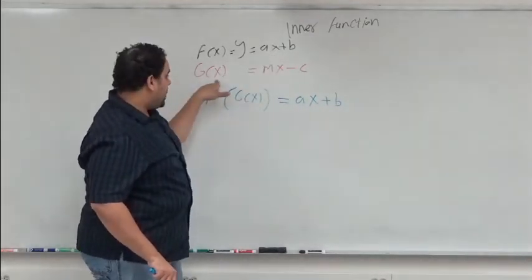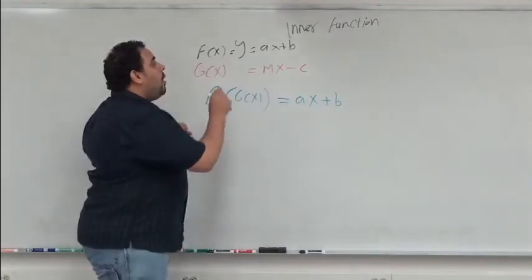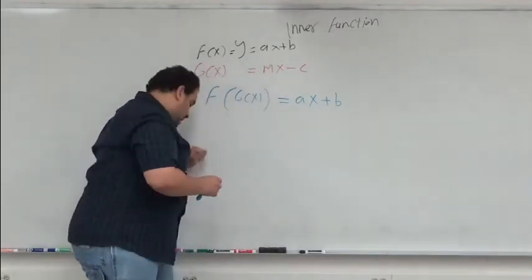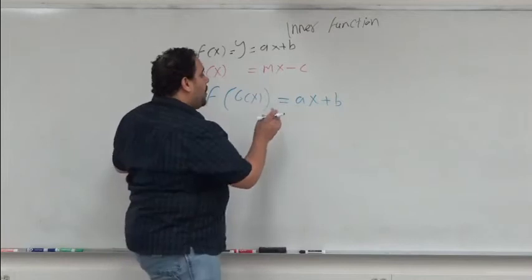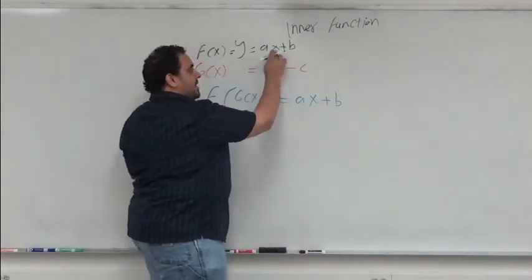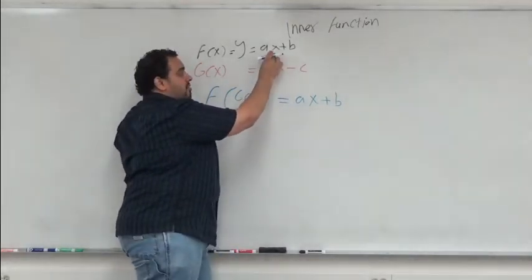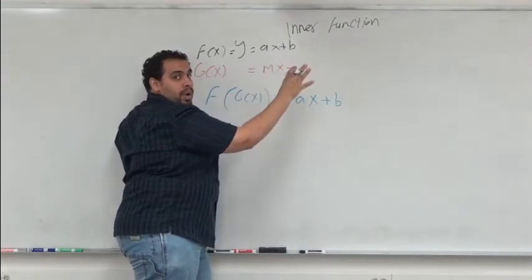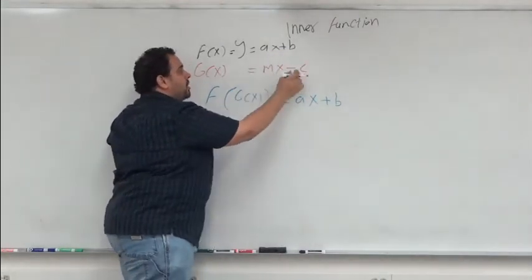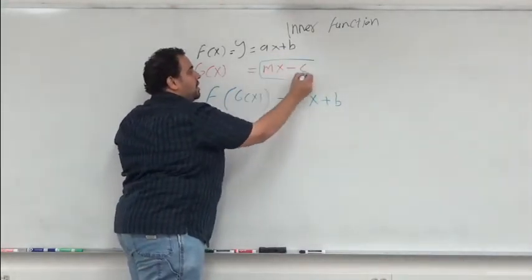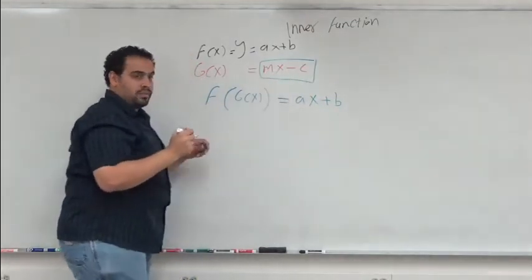So the g of x will go inside. Where exactly does it go? I will replace the x in the f, move it away, and replace it with the whole g of x function.